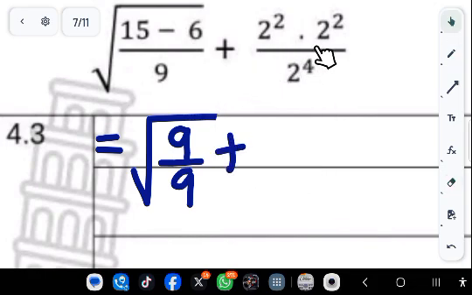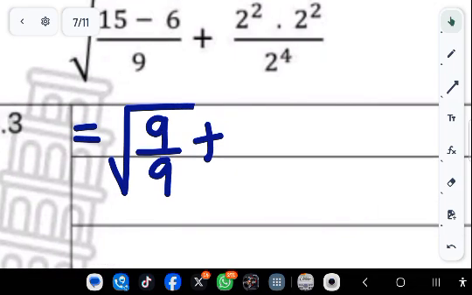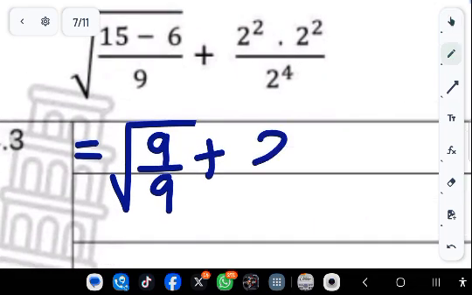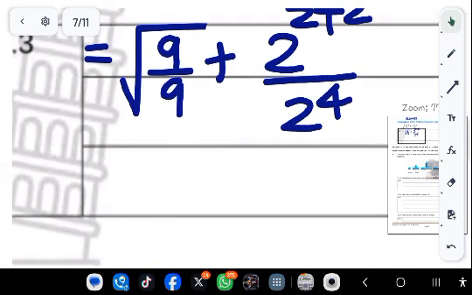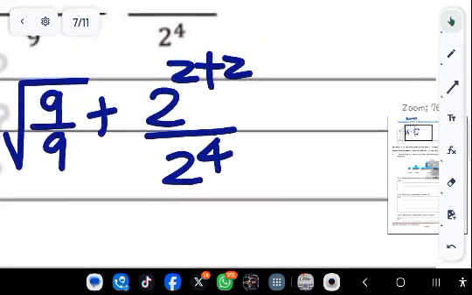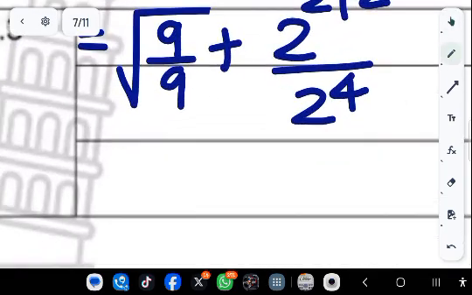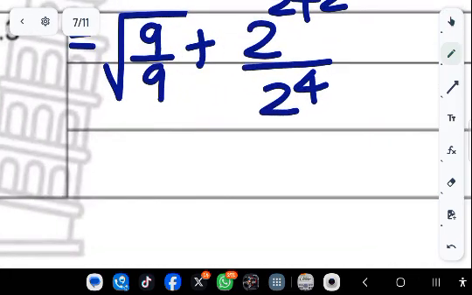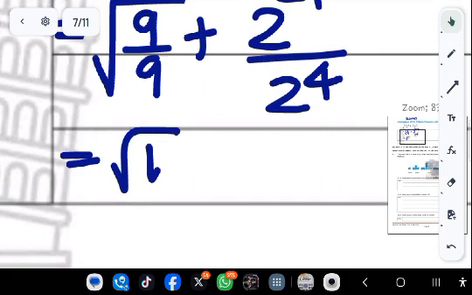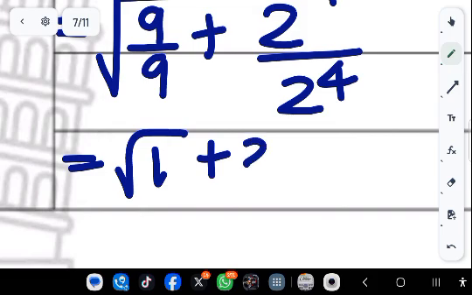2 squared times 2 squared, that is 2 to the power of 2 plus 2, according to the rules of exponents. And 2 to the power of 2 plus 2 is simply equal to 2 to the power of 4. So the square root of 9 over 9 is 1, so that is the square root of 1, and that is 2 to the power of 4 over 2 to the power of 4.